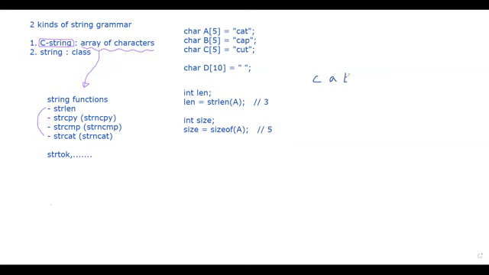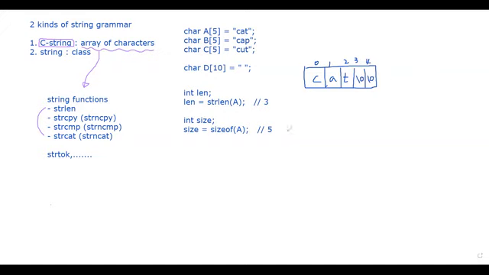We have CAT. Then the computer will save CAT like this, CAT and 2 more spaces because I created 5 spaces. So 0, 1, 2, 3, 4, and these spaces will be filled with 0.